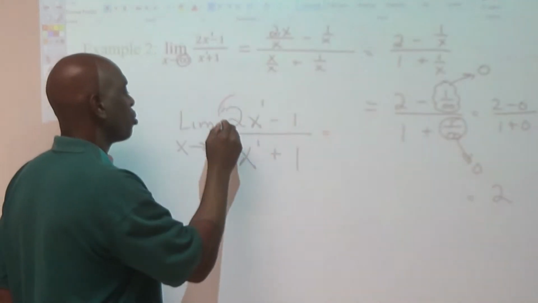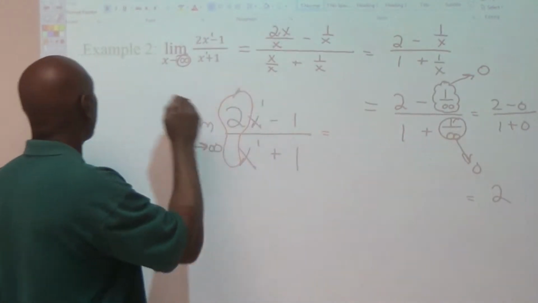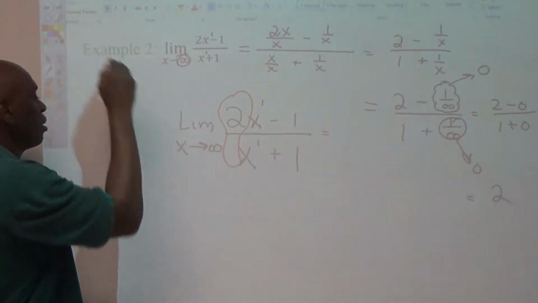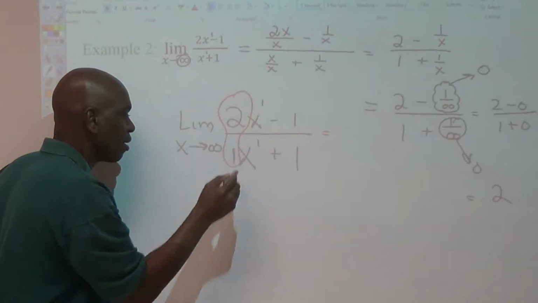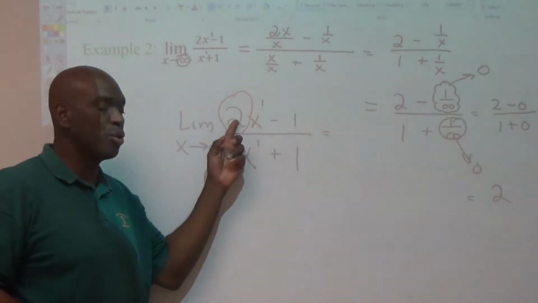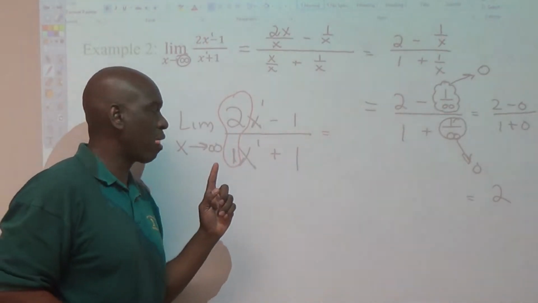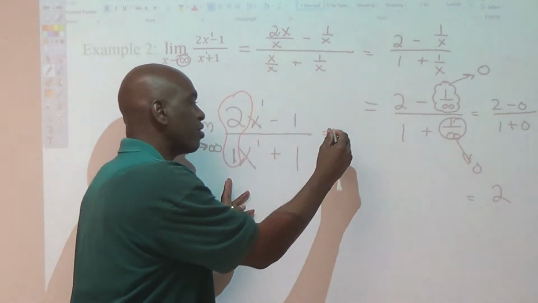The answer is going to be 2 over the coefficient right here, and this coefficient down below here is 1. That's your answer. 2 over 1. And 2 over 1 is 2.